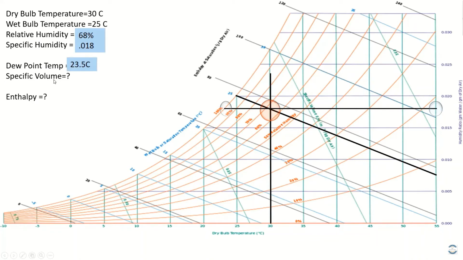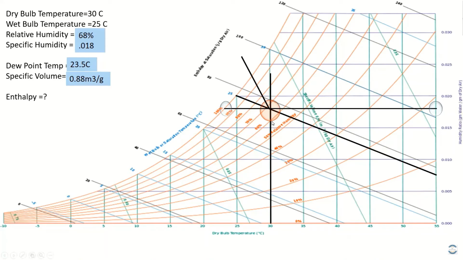For specific volume, where are my specific volume lines? These are my specific volume lines, 0.80, 0.85 and 0.95. So I draw a line parallel to these lines, and I find that my specific volume line is between 0.85 and 0.90, but nearest to 0.90, so my specific volume is around 0.88 meter cube per gram.